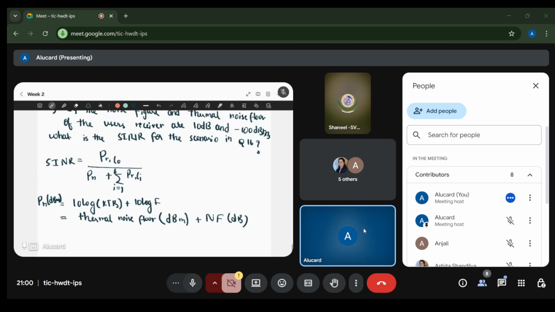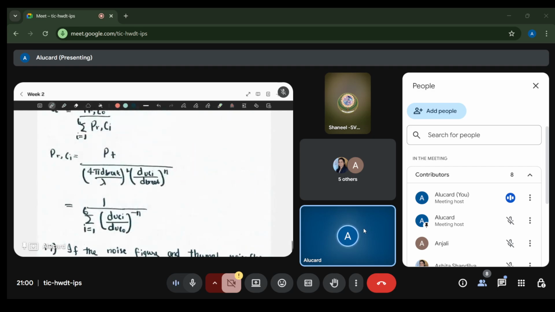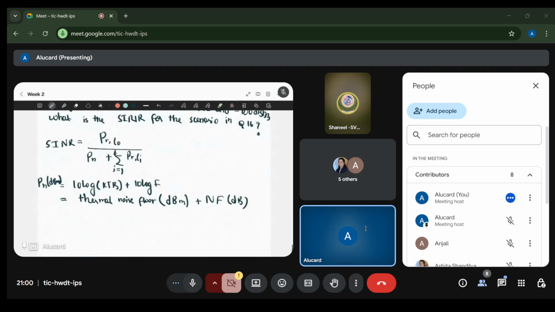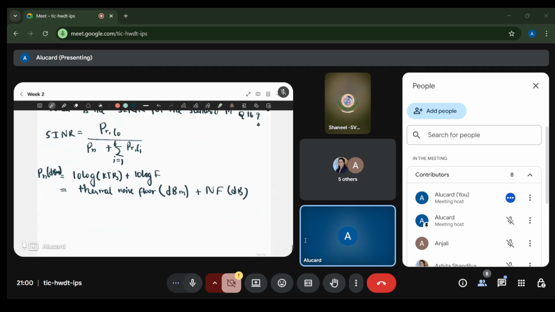You figure out the answer to both these questions, 16 and 17, you'll find out that they're not that different. As you saw in the lecture, you have noise floor, then margin and all. Here, this is distance, this is received power, and as the distance increases, received power decreases.